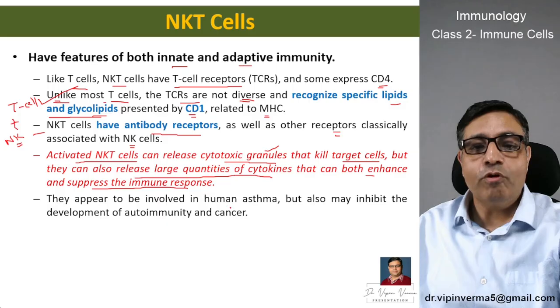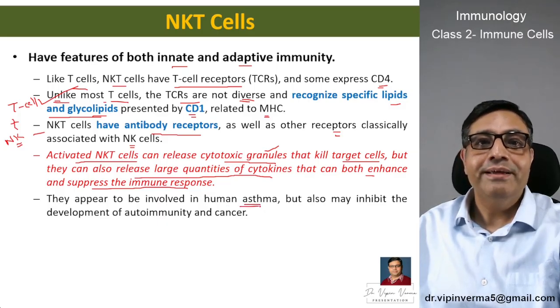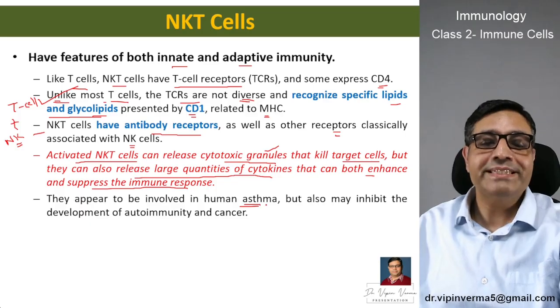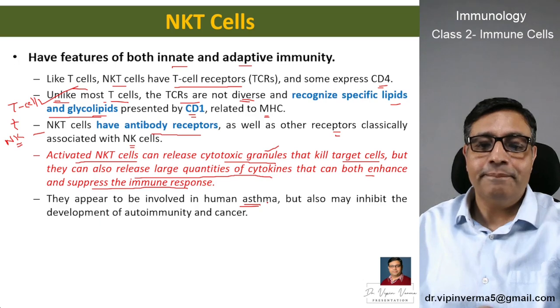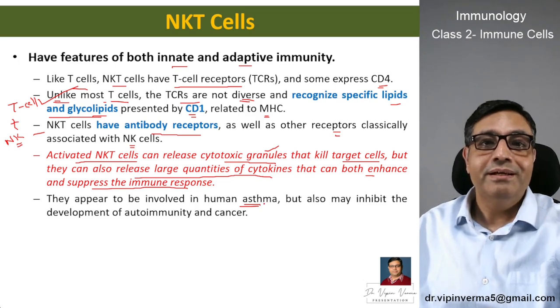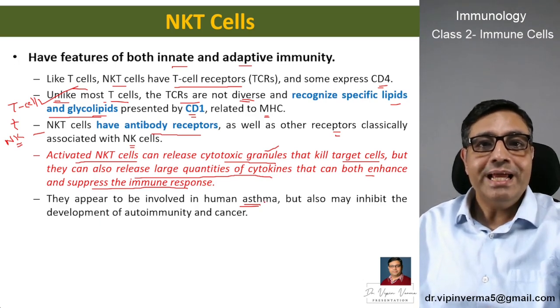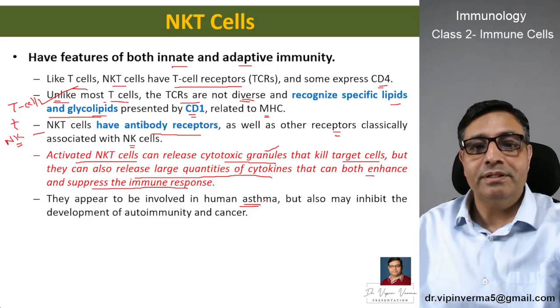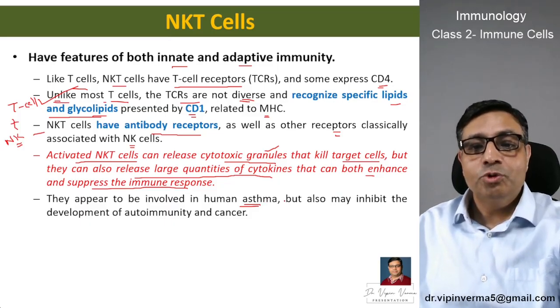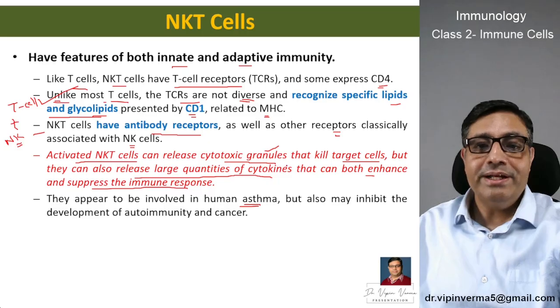They appear to be involved in human asthma. Human asthma is caused by degranulation of histamine, because histamine constricts the bronchial passage, and it causes the asthma. So they degranulate, but they may also inhibit the development of autoimmunity and cancer.